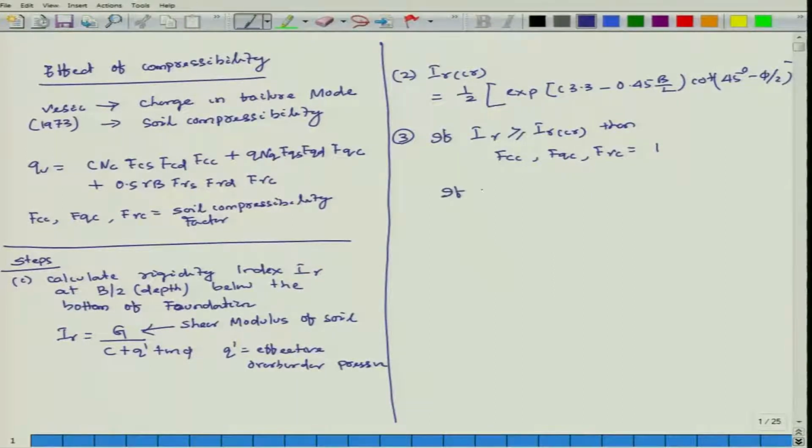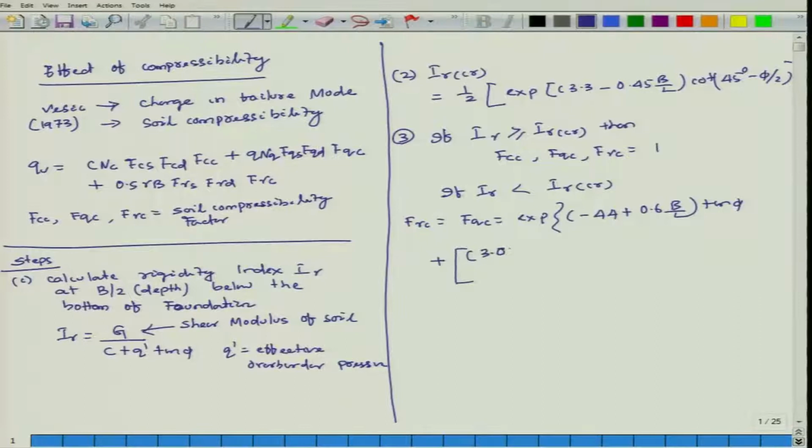If Ir is less than the critical rigidity index, then F gamma c is equal to Fqc, which is equal to exponential of ((minus 4.4 plus 0.6 B by L) tan phi plus (3.07 sin phi times log 2Ir) divided by (1 plus sin phi)).